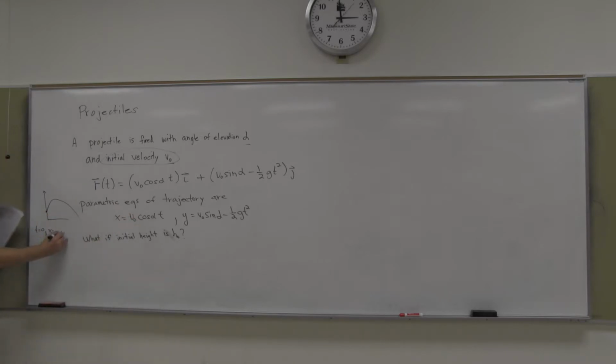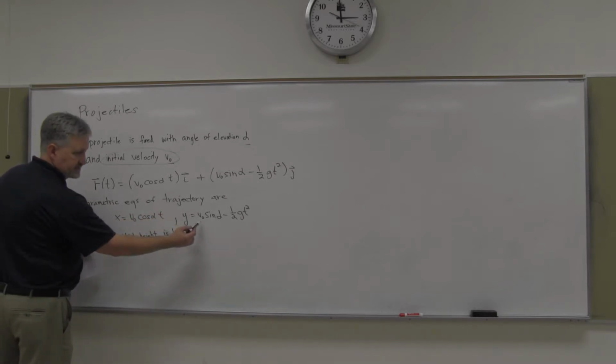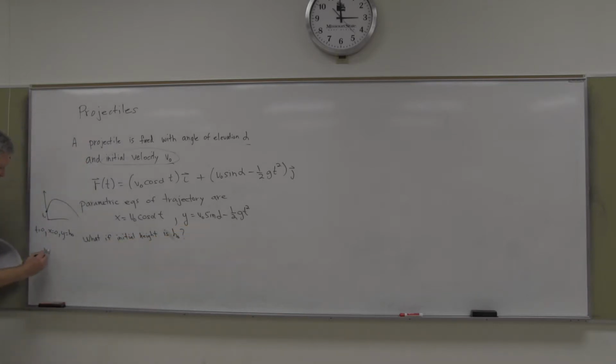But I want the y value to be this h0, right? So instead of x is 0, y is 0, I get x is 0, y is h0. Well, I don't have to change the x value at all.